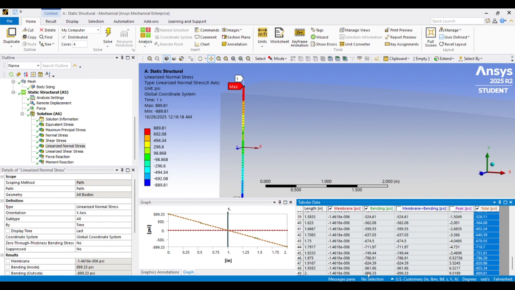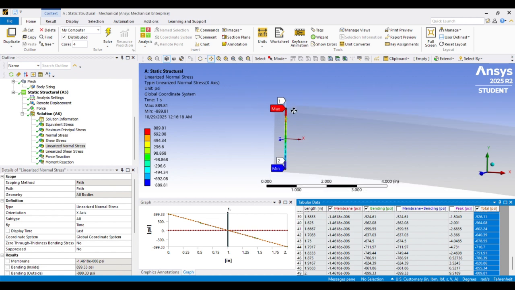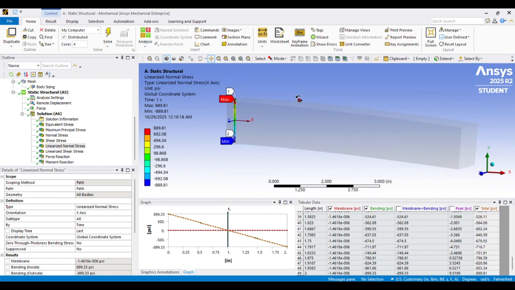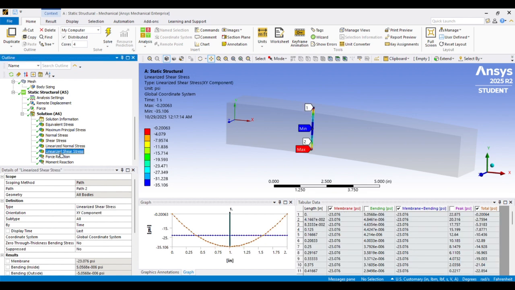And then the bending stress will be the opposite. So the top of the beam is in tension and the bottom of the beam is in compression. And that makes sense. That compares very nicely with our hand calcs. And then we can look at the linearized shear stress.